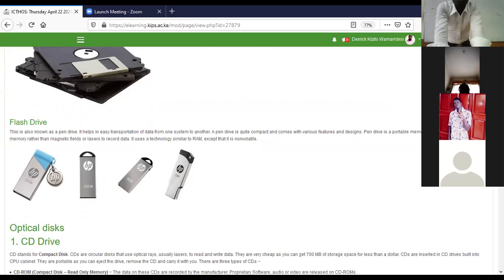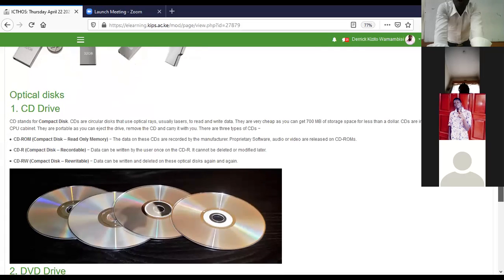Higher, we have what we call optical storage. The first one is the CD drive. The CD drive is the device for reading and adding data stored on a CD. The device itself under secondary storage is the CD-ROM.